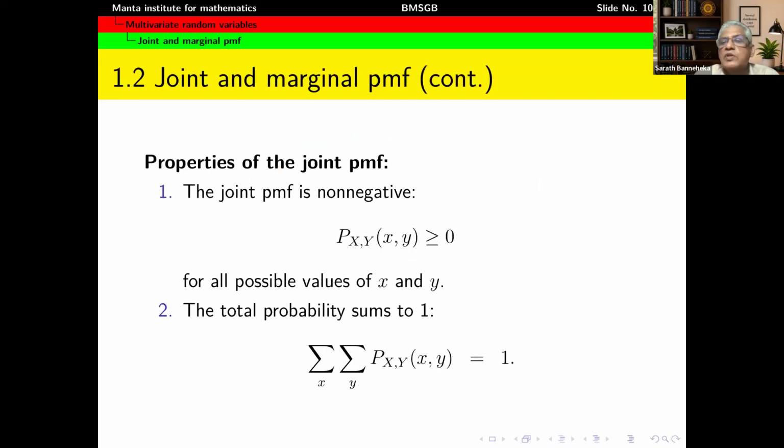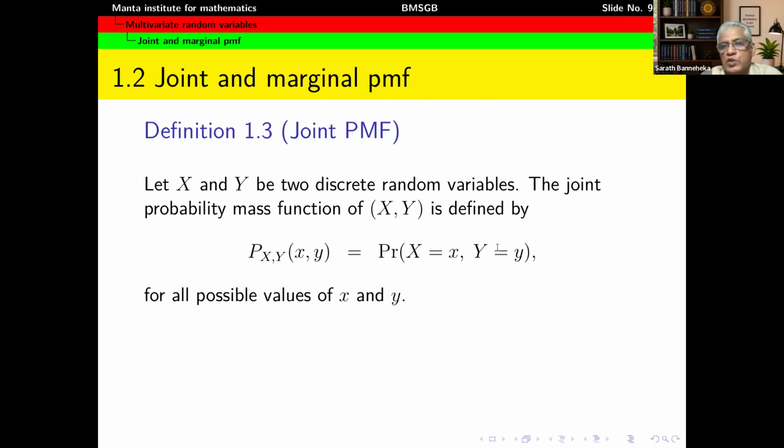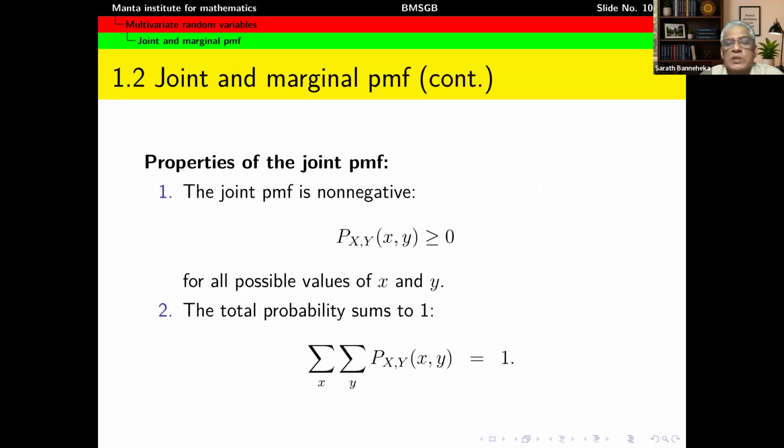So what are the properties of this function? Of course, it is a probability always, therefore it has to be between 0 and 1. But in particular, it has to be greater than or equal to 0, right? And then we know in a univariate case also, the total mass has to be equal to 1.